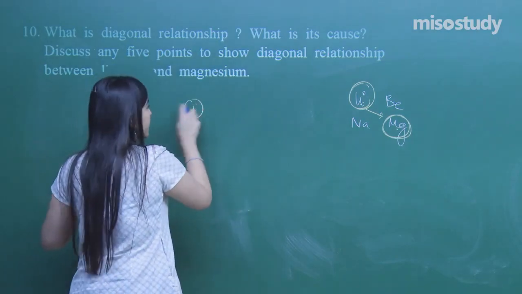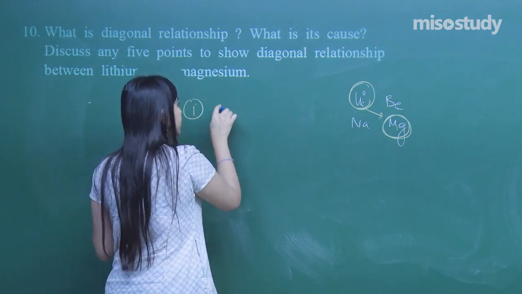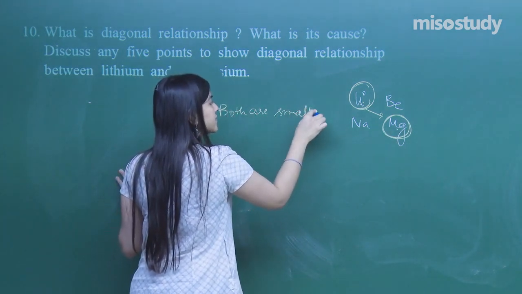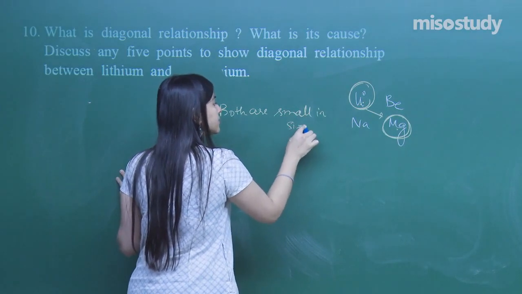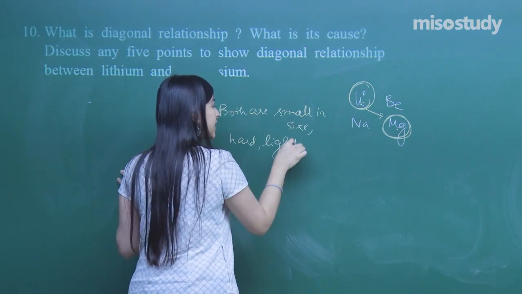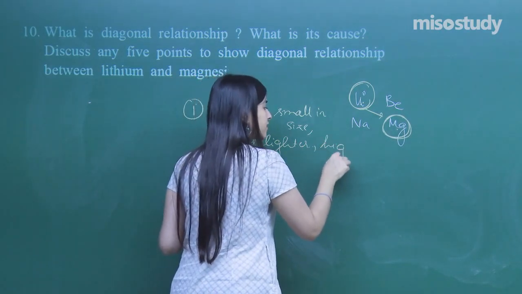First, you will have to write that both are small in size, hard, lighter elements of the entire group, having high ionization enthalpy.